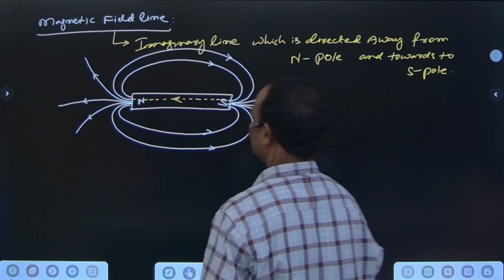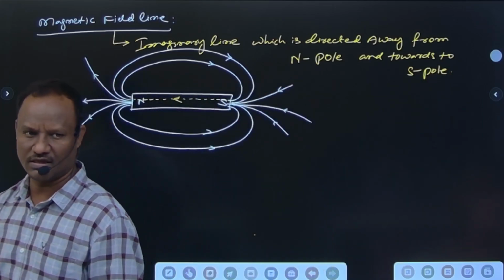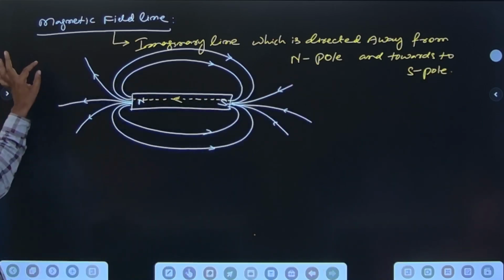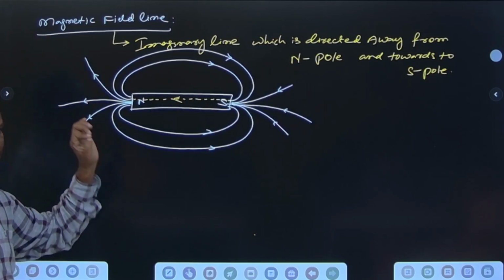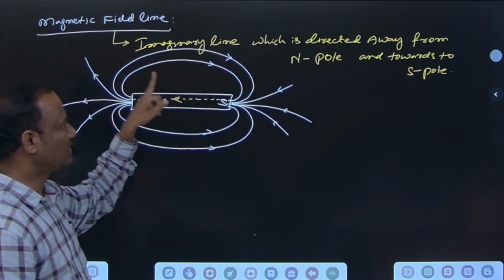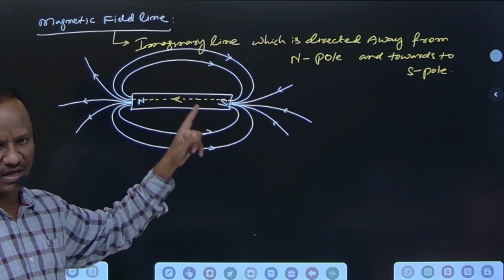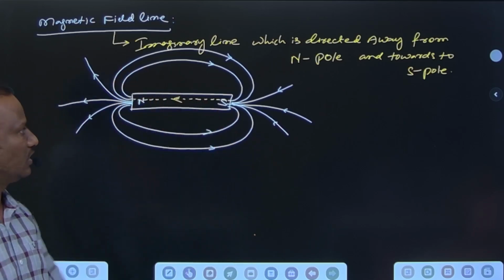That completes the first definition. So what is the magnetic field line? It is an imaginary line which is directed from the north pole to the south pole of a magnet.